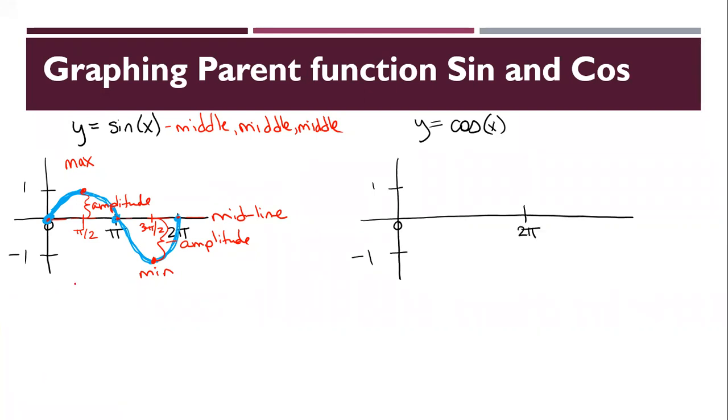So let me just mention a cycle. This wave would start repeating at 2 pi. And so that's 1 cycle. In the parent function it is 2 pi. That's called the period.